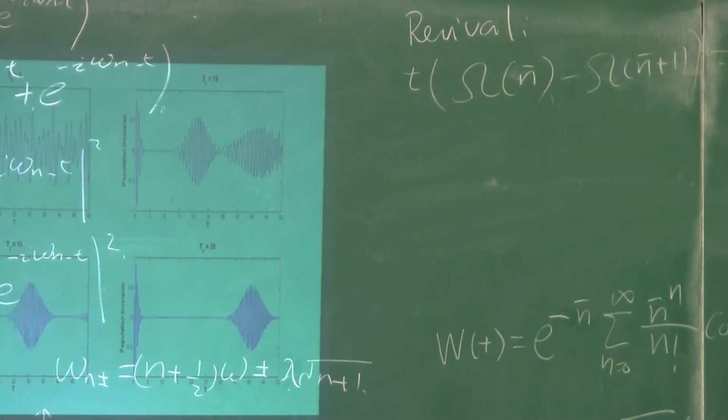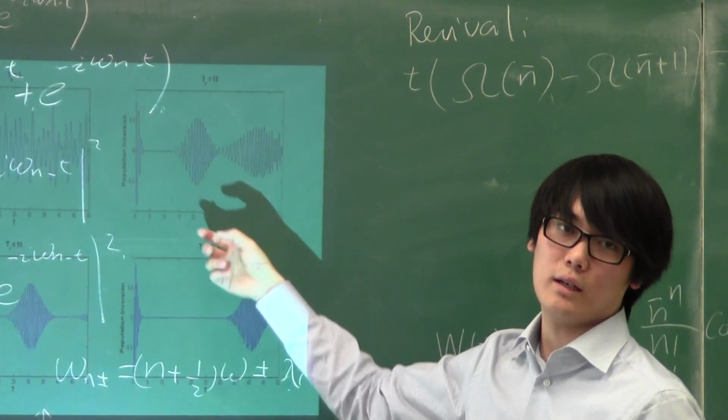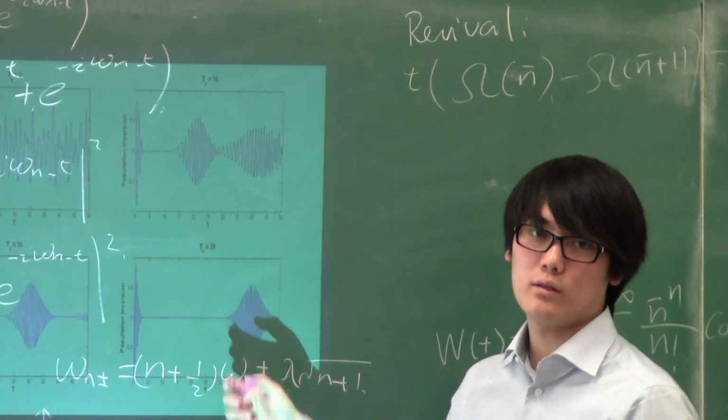It gives you these collapse and revival. The reason is that in the fully quantized version, the field still has quantized nature. The different n oscillate at different frequencies, and when you sum up a bunch of different frequencies, you get these kinds of beats.